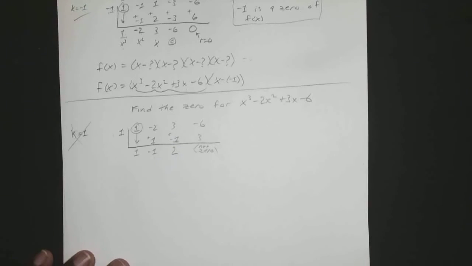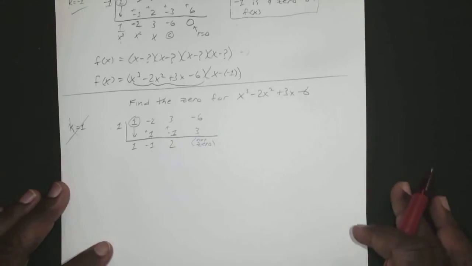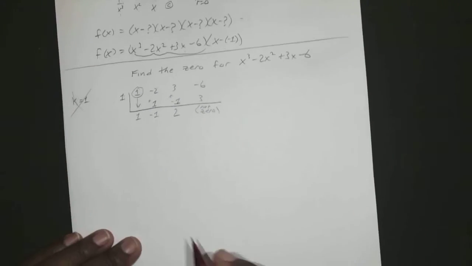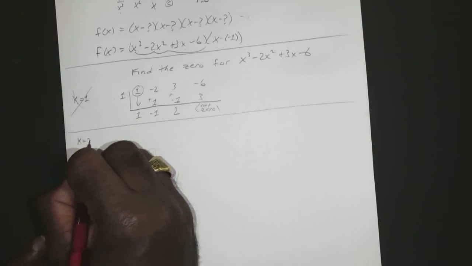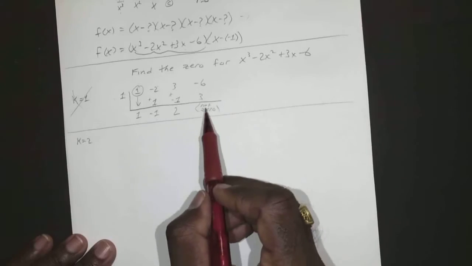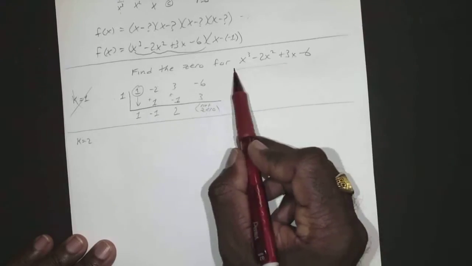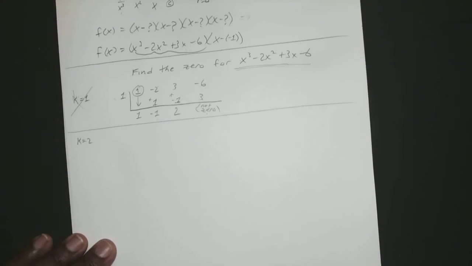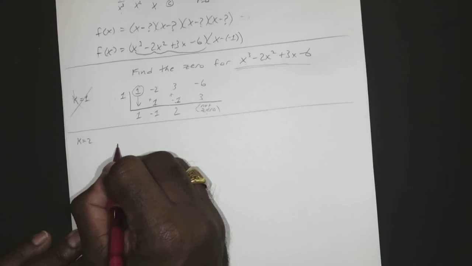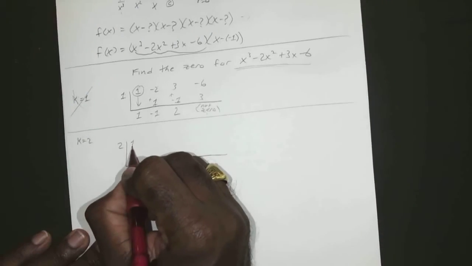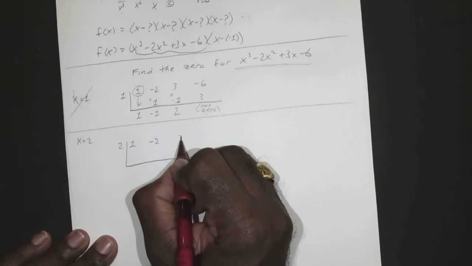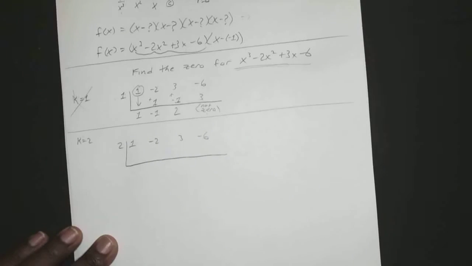Now we go to -2 and 2. We'll start with 2. Since we didn't come up with a 0, we use the same coefficients until we get a 0. So we go 2, then 1, -2, 3, and -6.